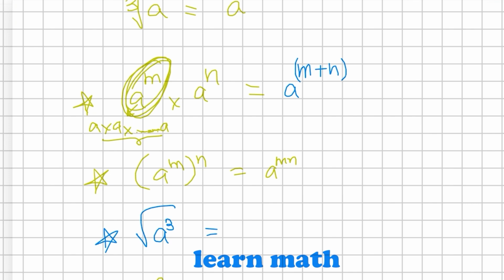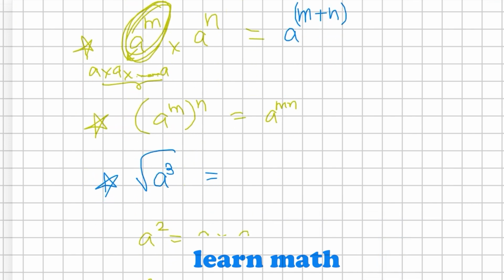Let's say a to the power 3 square root. See, a to the power square root means half.